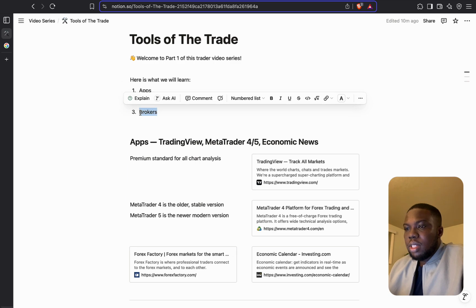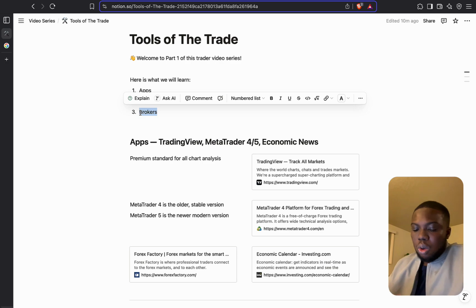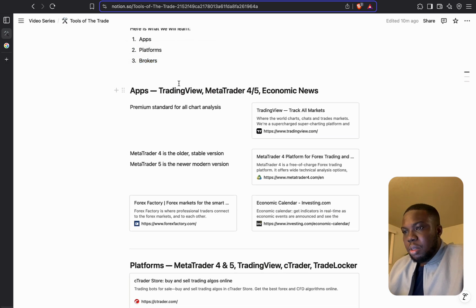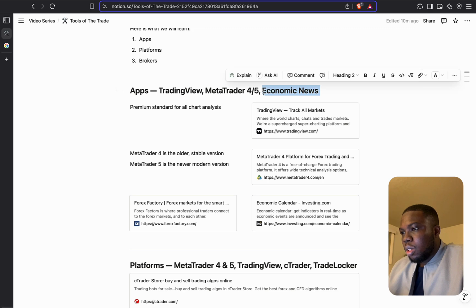And then brokers are an intermediary between your account or your money and the wider forex market. So for apps, the apps that you need to know are TradingView, MetaTrader 5, and then some apps for economic news.